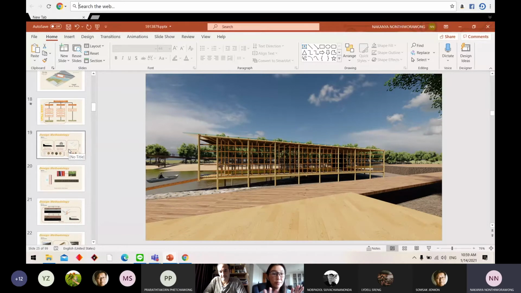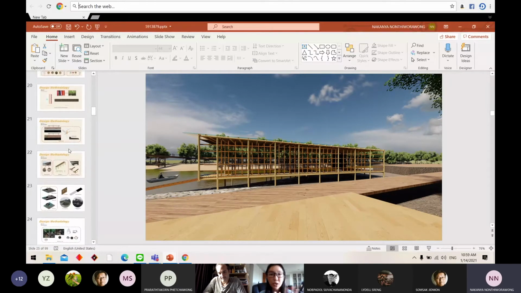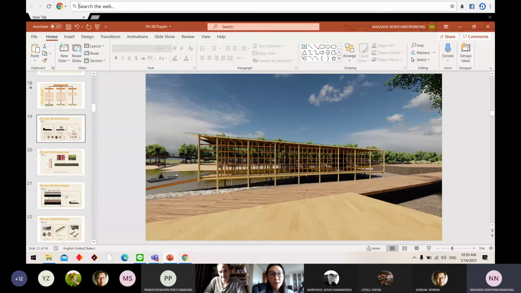I think that's what Ajahn Miguel tried to explain today: creating just one snapshot of a sketch that tells the whole story. Beyond that, what Ajahn Miguel says is about storytelling.